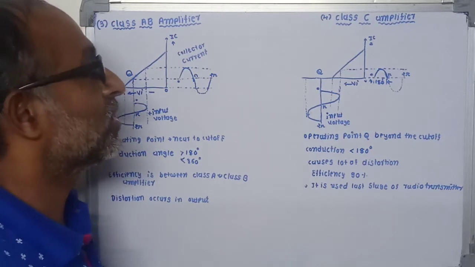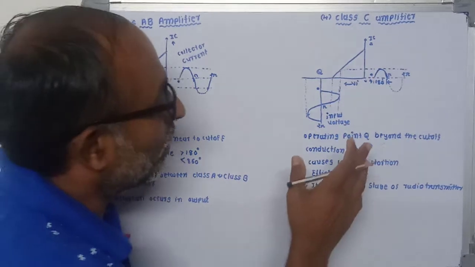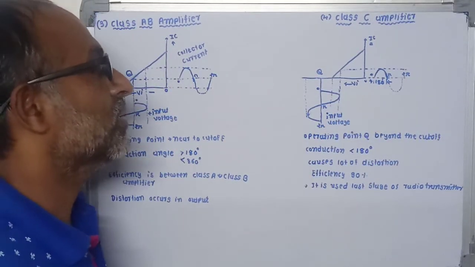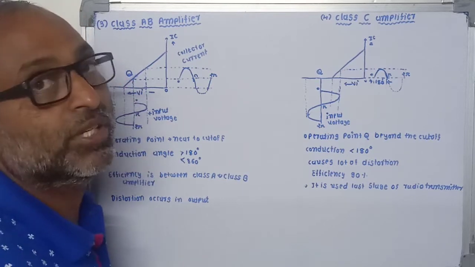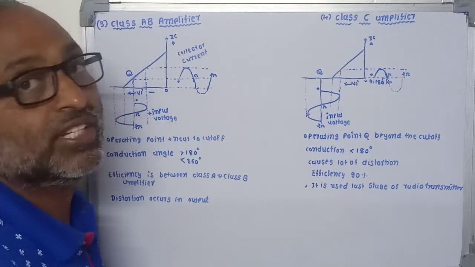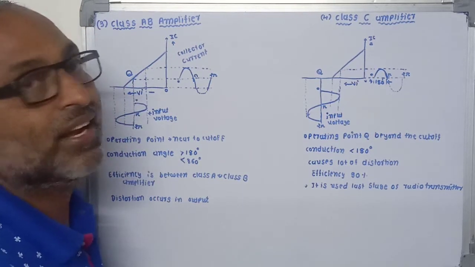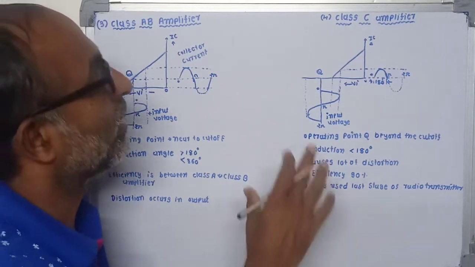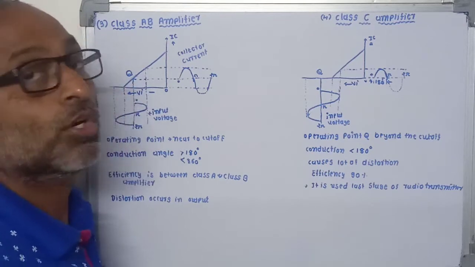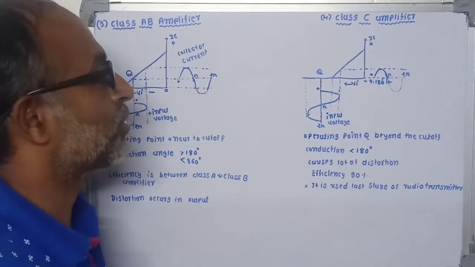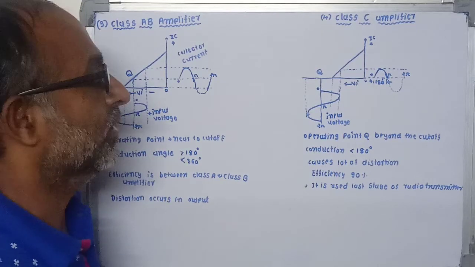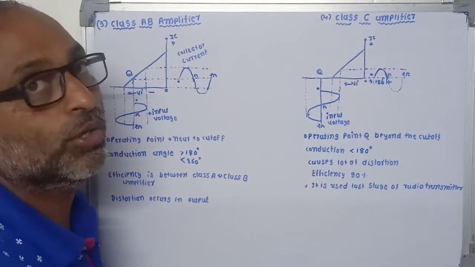The reduction of the collector current increases the efficiency of this amplifier, which is theoretically around 90%. But the reduction in conduction period causes a lot of distortion in the output. So it is used in the last stage of the radio transmitter.